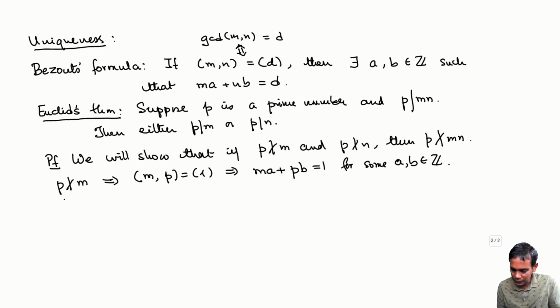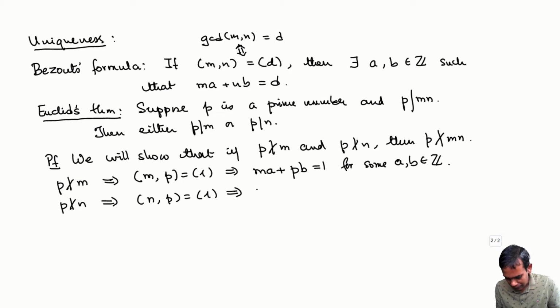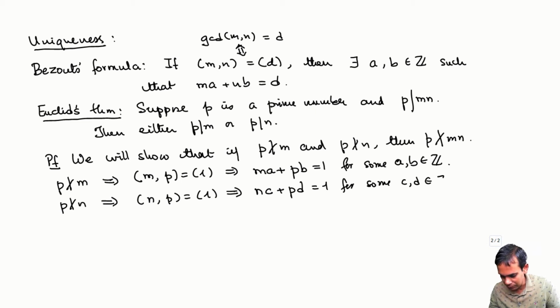And similarly, p does not divide n implies that the GCD of n and p is 1, which implies that nc plus pd is equal to 1 for some integers c and d. I'm just using Bezout's formula 2 times.